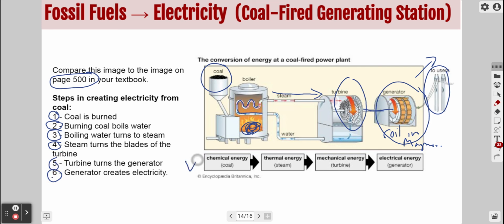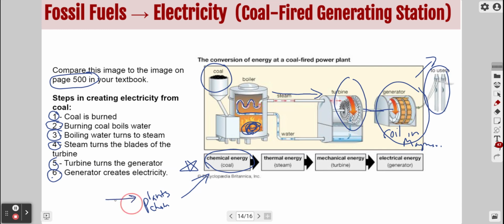Now, you do need to know the chemical conversions that are happening, what you're starting with. So coal is a chemical energy. Now, we can go even further back with coal because you know that coal came originally from animals and plants, right? And the plants are also chemical energy, but how did they get their chemical energy?